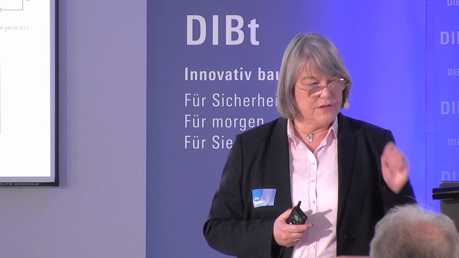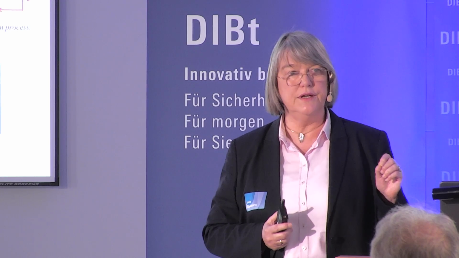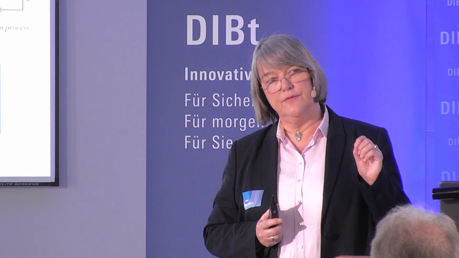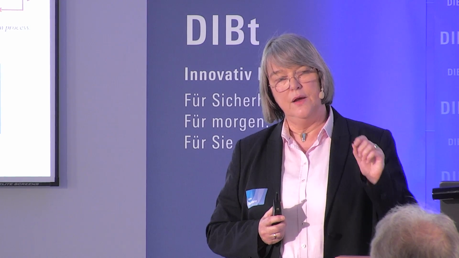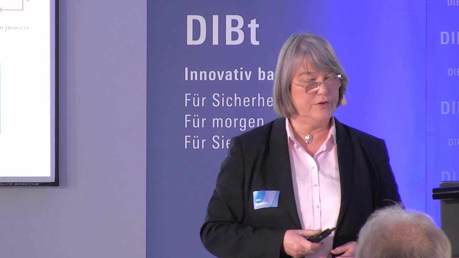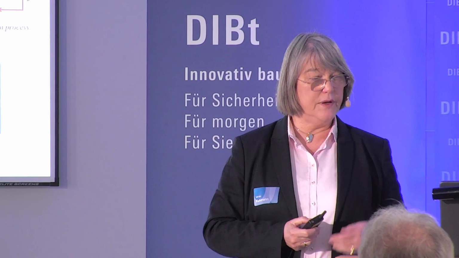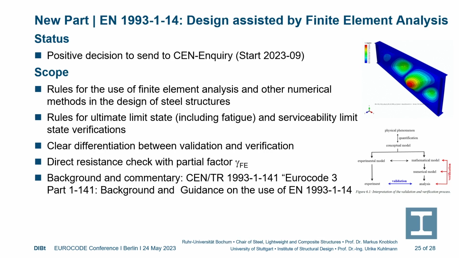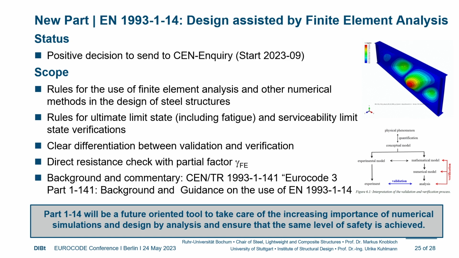And we also have a direct resistance check included with an extra partial factor, gamma Fe, which only covers the difference between modeling and the physical reality, not any kind of distribution. The gamma M factors are kept for the definition. We will have a background and commentary on that, and I think this is very useful.